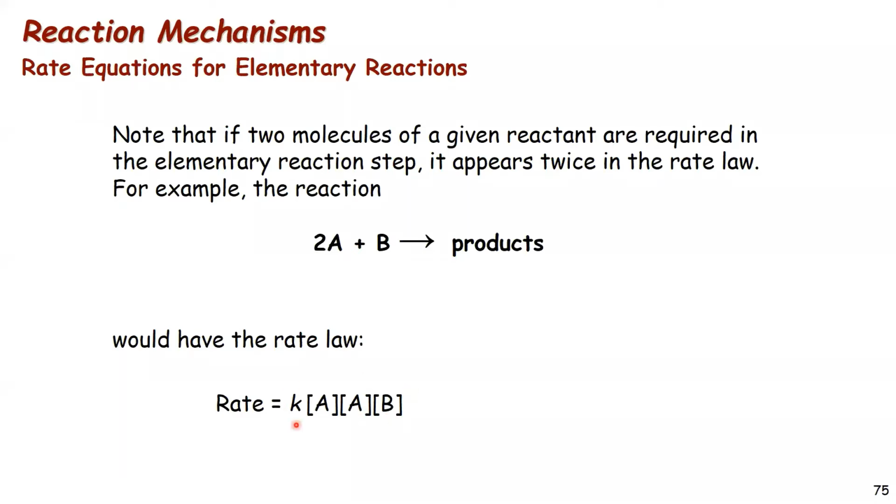We're representing each of the particles that occurred in that termolecular event. But of course, we're not going to write it like this. We're going to write it as rate equals k times [A] squared times [B]. Notice that those are the coefficients in the balanced chemical equation, 2 for A, 1 for B. So again, for elementary steps, the coefficients represent the exponents or the orders of the reactants and products.